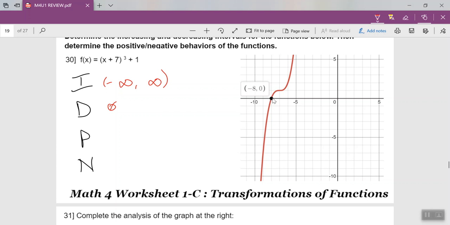It is positive from negative 8, and of course you've got your negative infinity here and your positive infinity over here. So it is negative from negative infinity all the way up to negative 8. And then at negative 8, it picks up and it goes to positive infinity with everything positive.